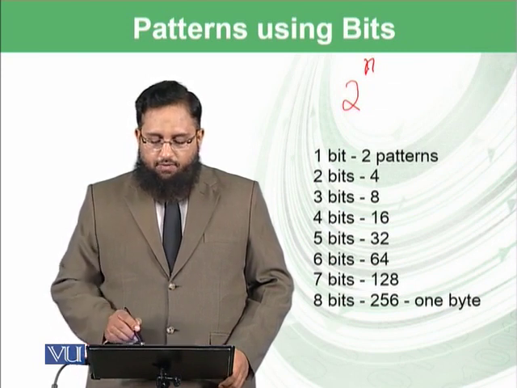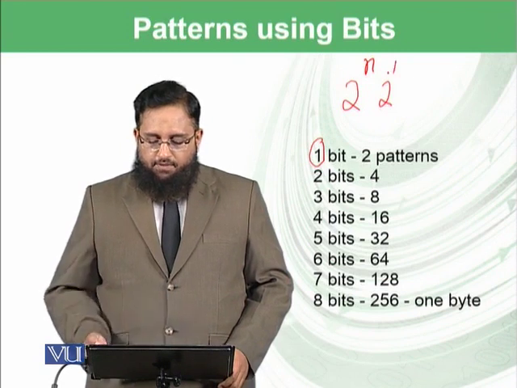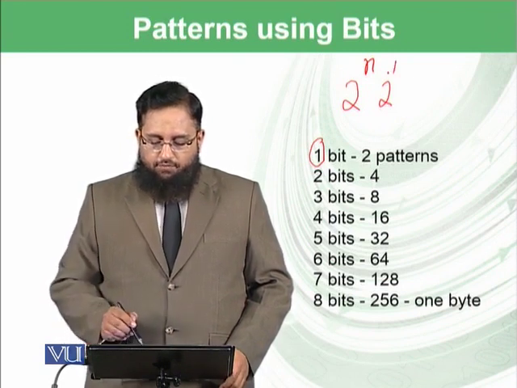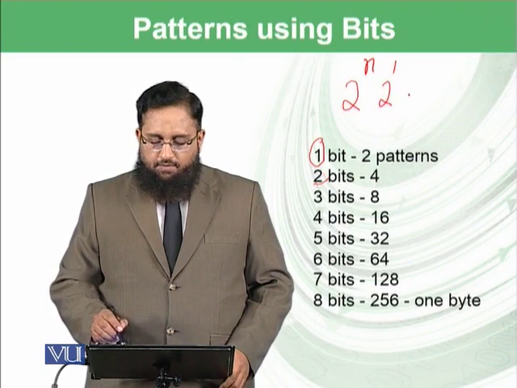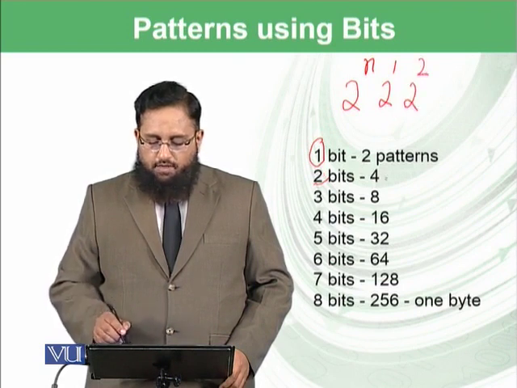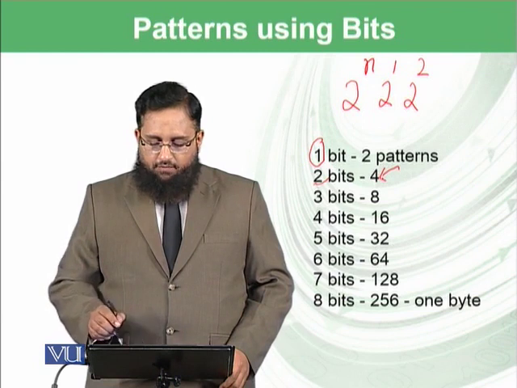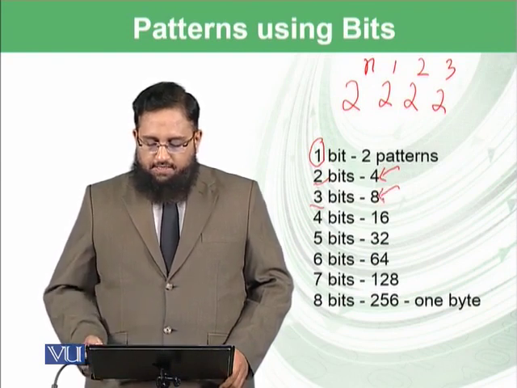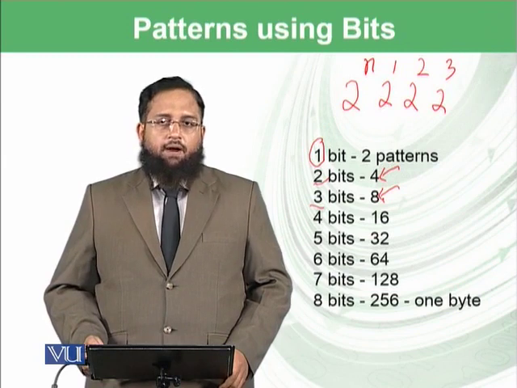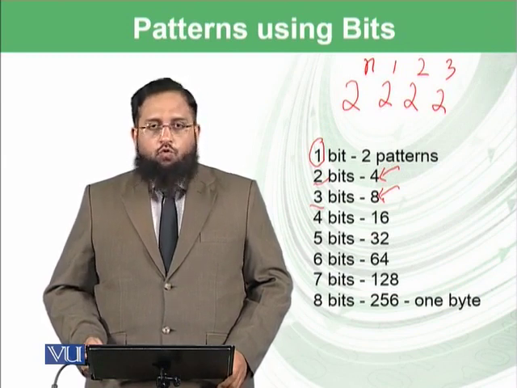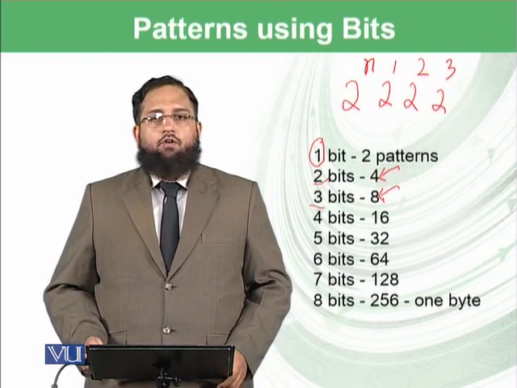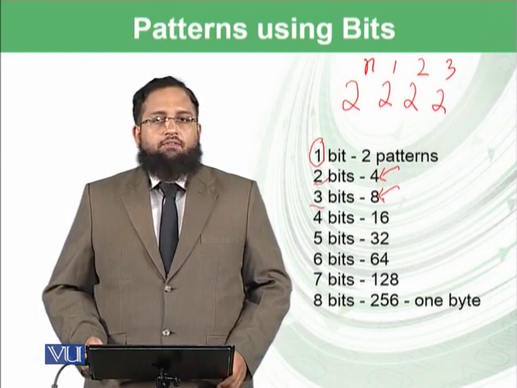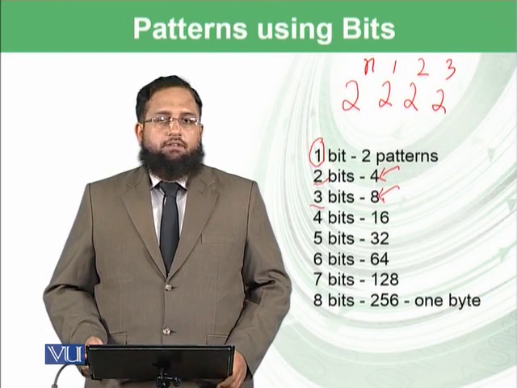For example, 1 bit is 2 raised to power 1, which is 2 patterns. 2 bits is 2 raised to power 2, which is 4 patterns. 3 bits is 2 raised to power 3, which is 8 patterns. So this means with 8 bits or 1 byte, we can store 256 different patterns, and each pattern can represent one particular thing.